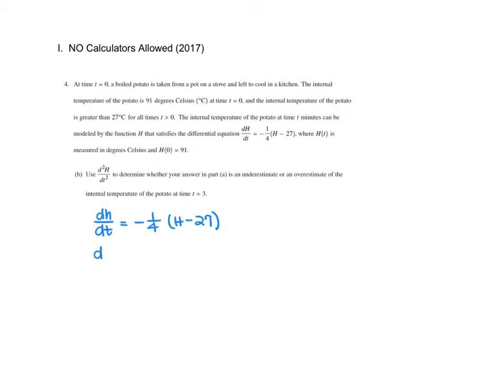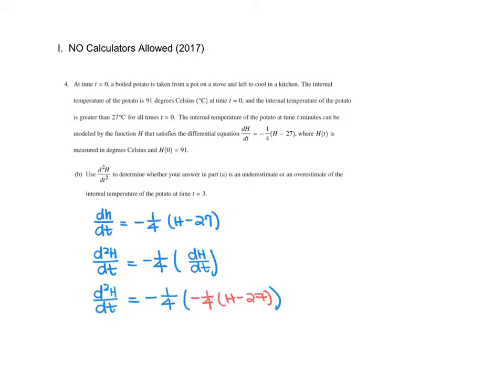So d squared h over dt squared is equal to negative 1/4. And notice that t is actually the variable, not h. H is a function of time, so when we take the derivative of h, we need the chain rule. So that's dh over dt. And we know from the problem that dh over dt is actually this expression right over here, so we're going to plug it in.